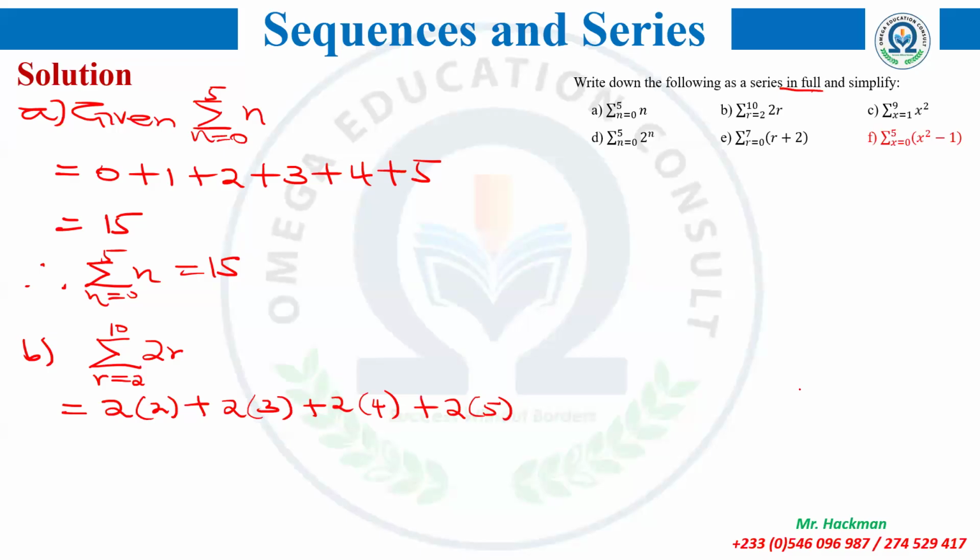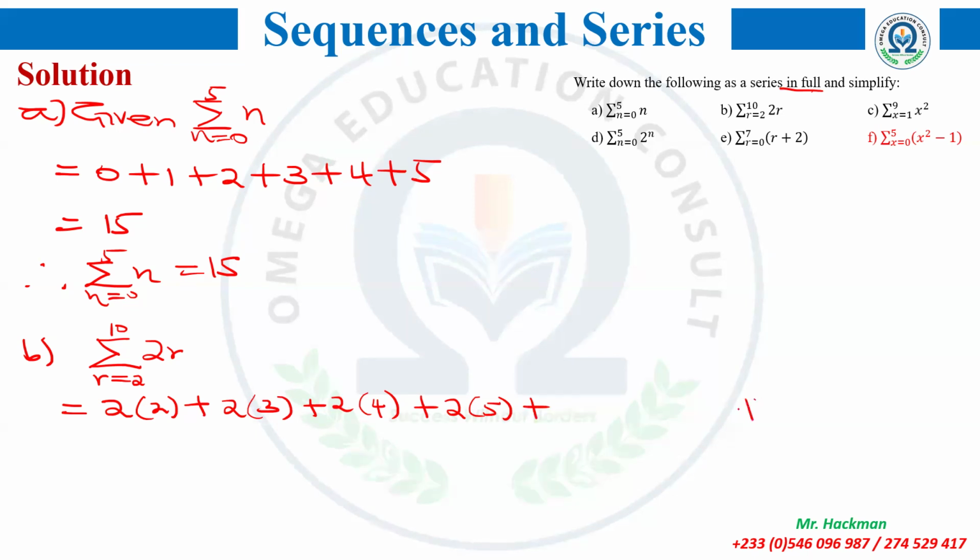Can I? Do you say yes? No, why? Because 5 times 2 gives you 10. No, I'm talking about another one. I don't want to write all the terms, so plus ellipsis, then I come and write the last one.